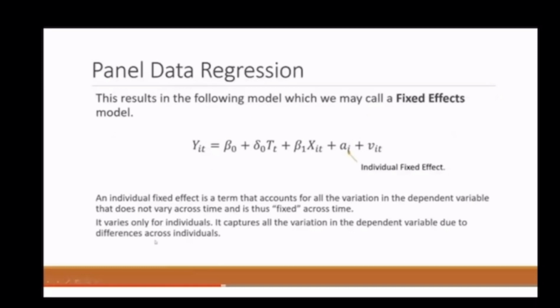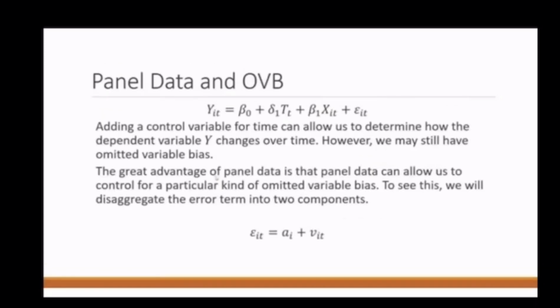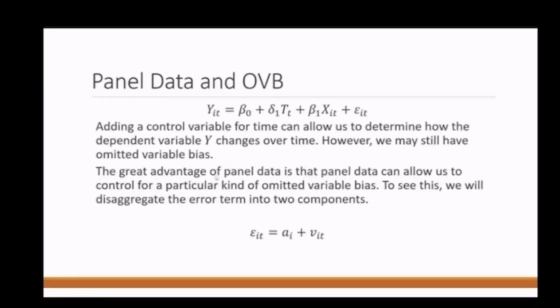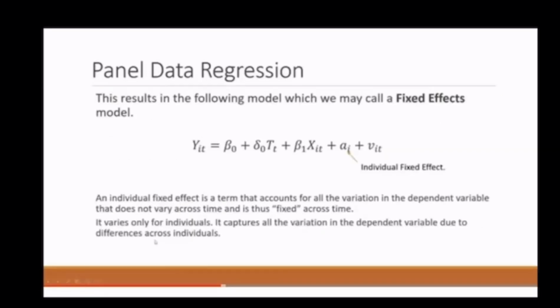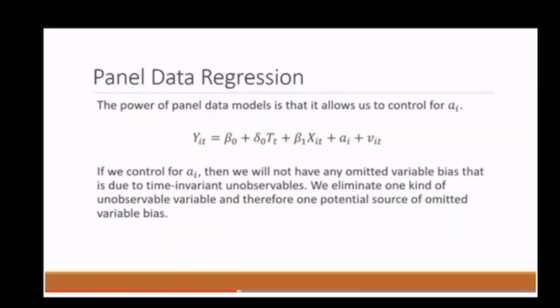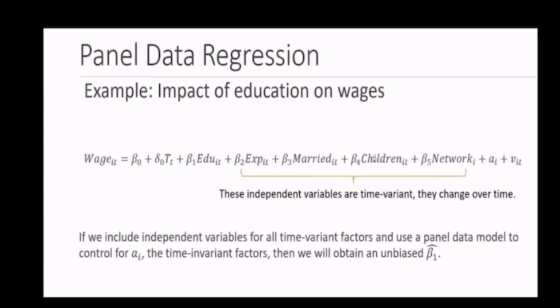The individual fixed effect is actually the time invariant unobservables. Does that make sense? The time invariant unobservables, the ones like ability, intelligence, city and stuff like that. Now, the next thing that I actually want to talk about, take a look at this.